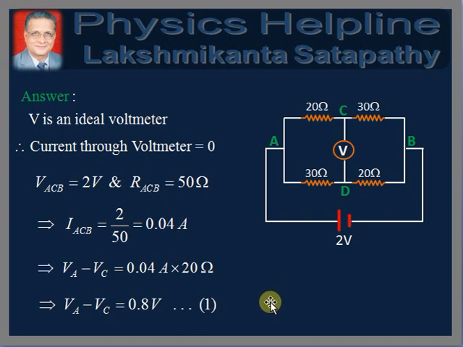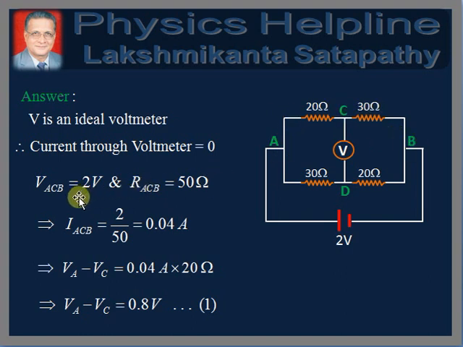Now for the answer. It is given in the question that V is an ideal voltmeter. Therefore, current through an ideal voltmeter is always 0. Therefore, we now want to calculate the potential difference across ACB, the upper branch. Since the battery is connected between the points A and B, the voltage across the upper branch ACB will also be equal to 2 volts.